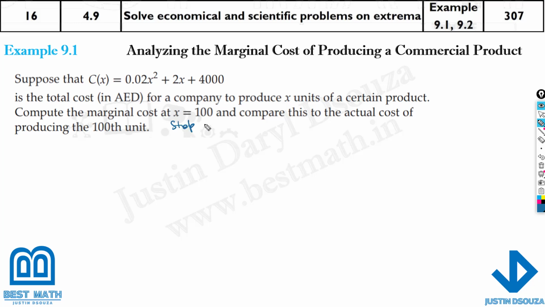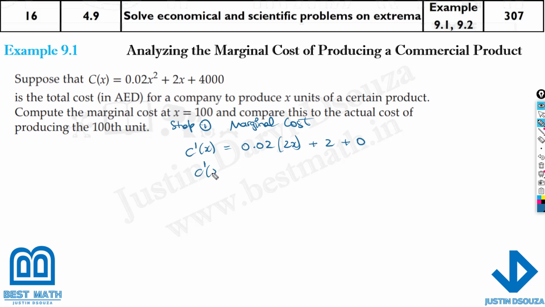First is step 1, that is marginal cost. The marginal cost is given by the derivative of the total cost function. All we need to do is find C dash of x, or C prime, where prime means derivative. It will be equal to 0.02 multiplied by 2x, since the derivative of x squared is 2x, plus 2 plus 0.